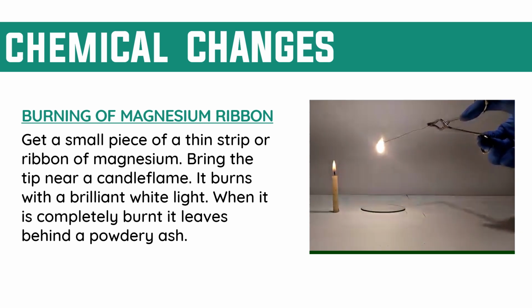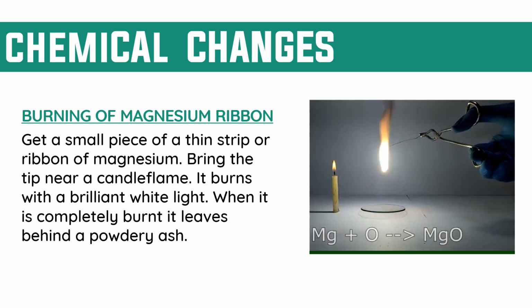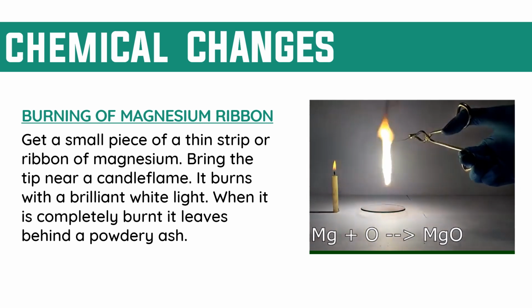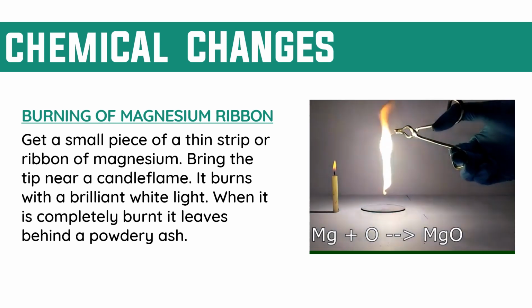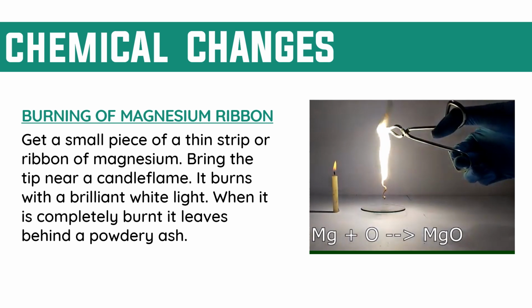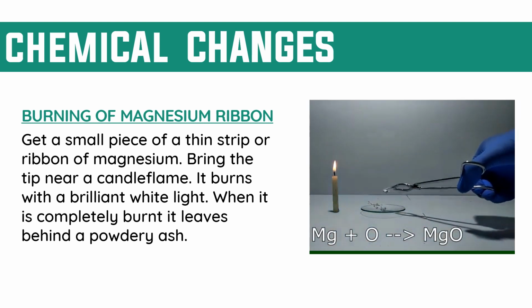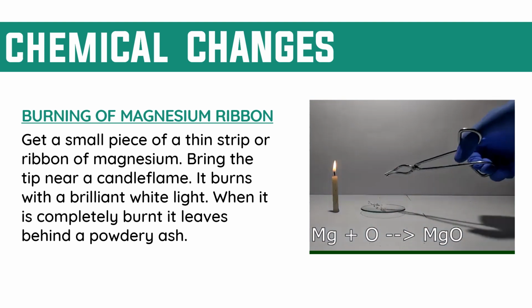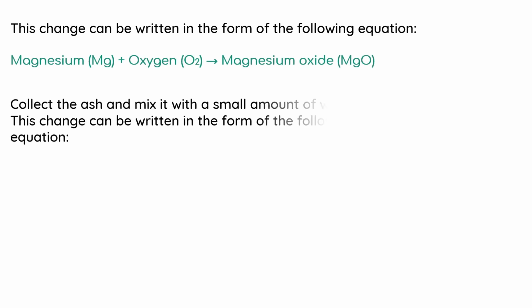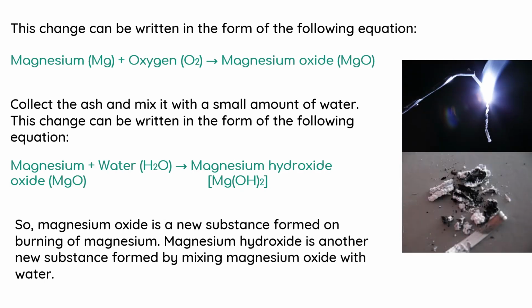This is the burning of magnesium ribbon, and you get a bright, dazzling white light as the magnesium ribbon burns. See children, now we observed that the magnesium ribbon burned and we got some powdery substance, white ash.